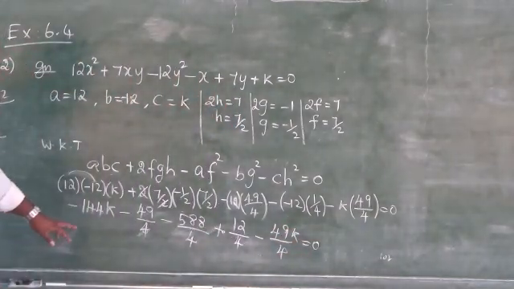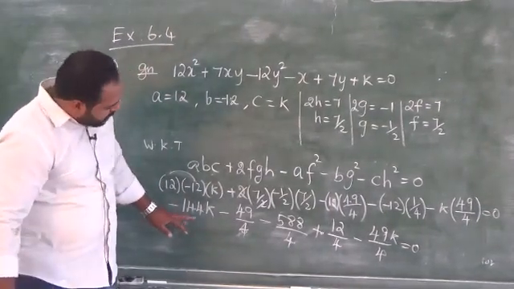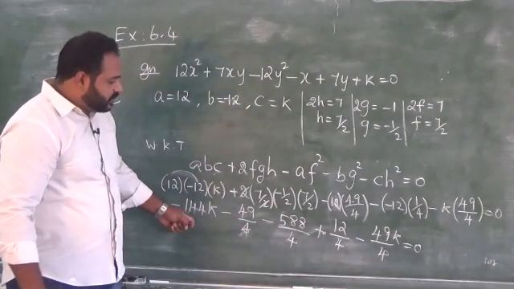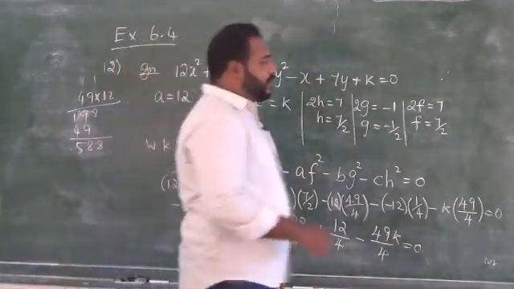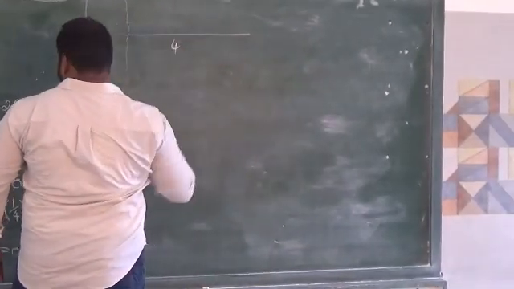Now we have to find the k value. Before that, all the terms are in fraction form except this term, so I am going to take a common denominator, 4.